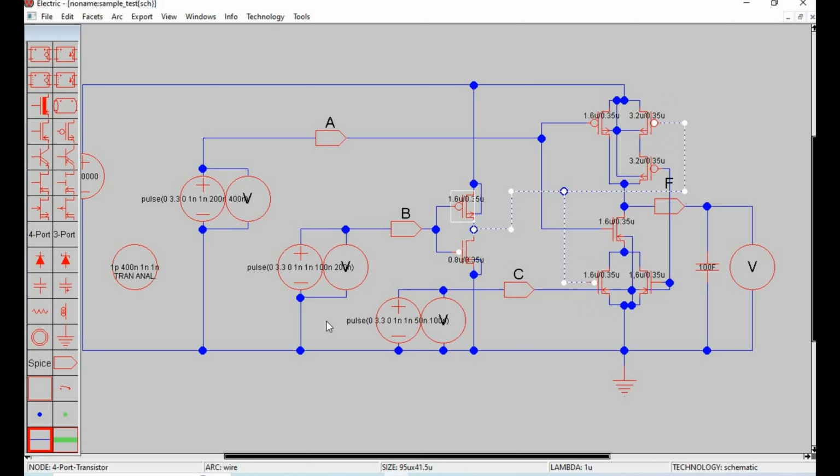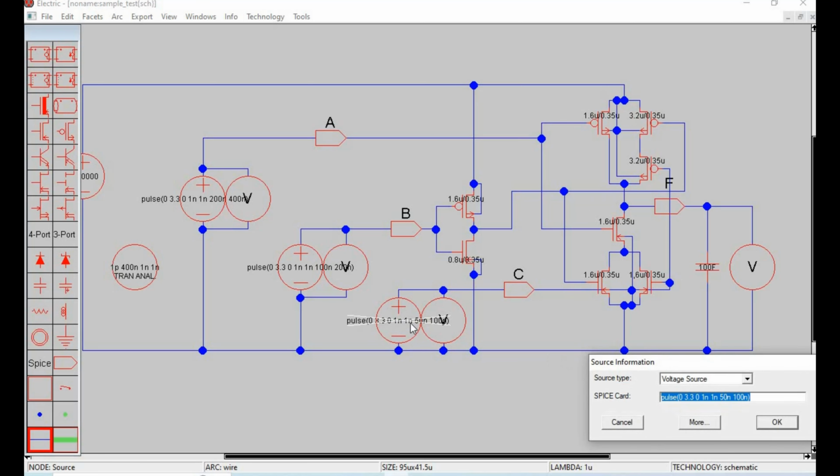As for the pulse, since C is our least significant bit, we're going to use 50 and 100. Always use 50 and 100 as your lowest value. Then always double this value on the succeeding input up to your most significant bit.